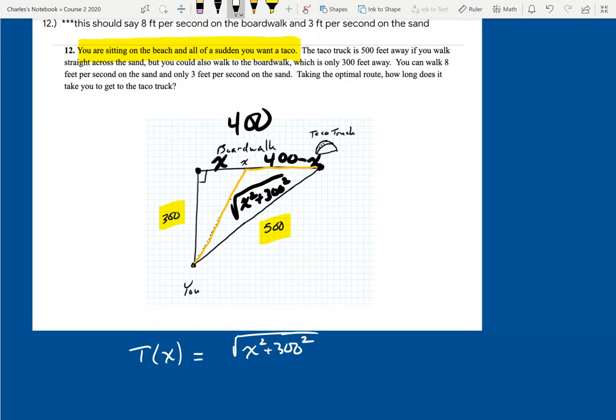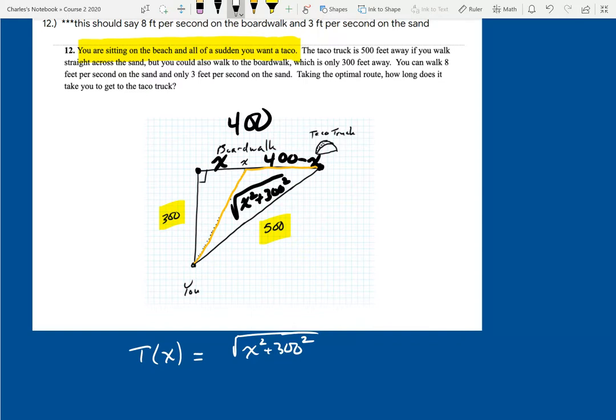And if you think of what I want to know, it's the time that it takes to walk across that sand. Let's say it were 12 feet and I walk at 3 feet per second, how long would it take? It would take me 4 seconds. If it were, let's say, 300 feet and I walk at 3 feet per second, it would take me 100 seconds.